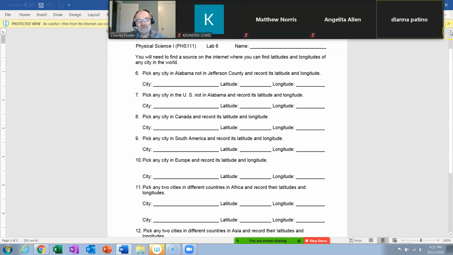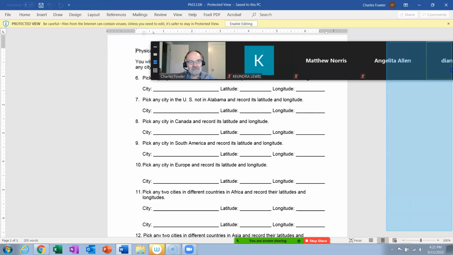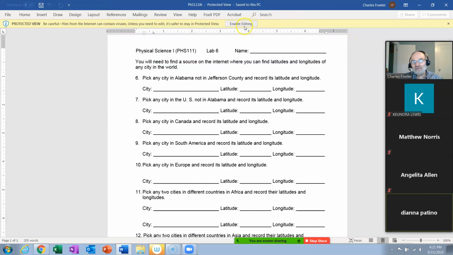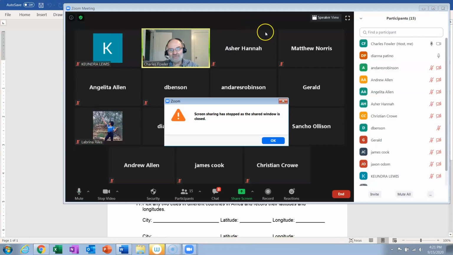Now, something I just want to point out to you. I can't do it with Diana in the way here, so I'm going to have to move you again. Notice here, if you're trying to type on this, you have to enable editing before you can type on that. So if you are using your phone as the internet or something, however you're doing this, remember you do have to enable editing before you can do that. There, I just did. I didn't mean to, but I did.